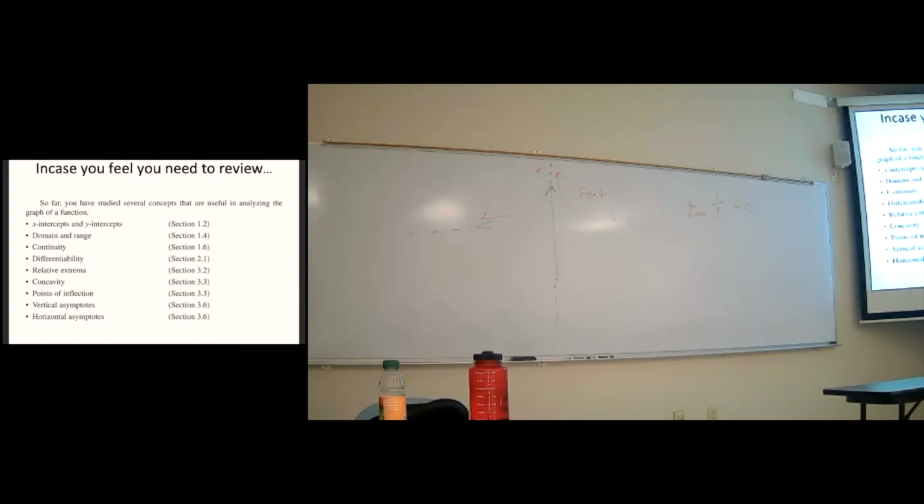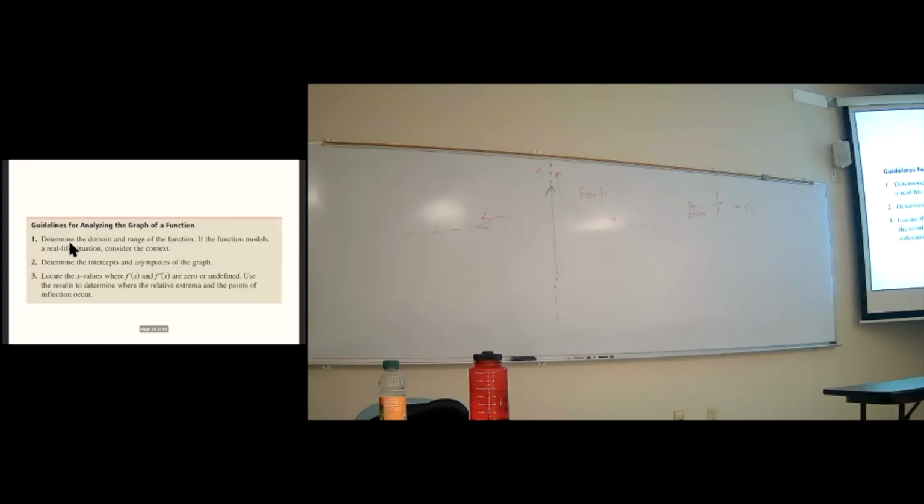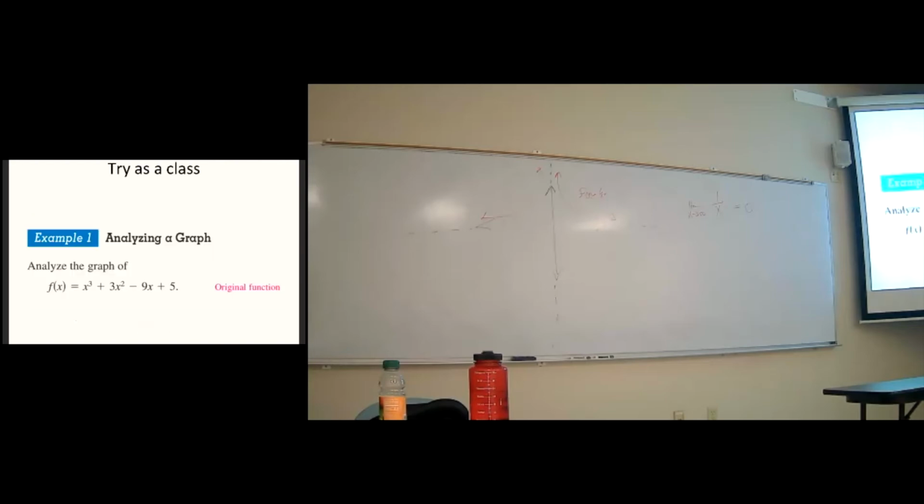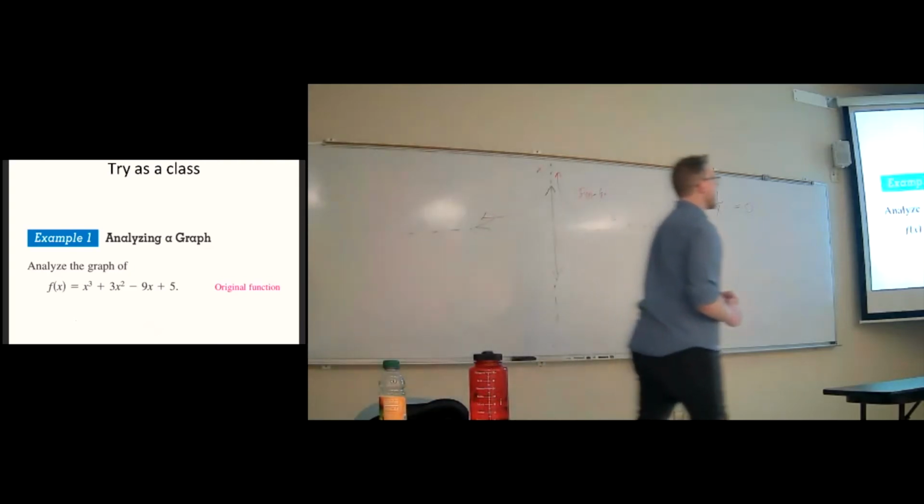If you feel like you need to brush up on these, because these are going to be important to some of what we're about to do. We are now going to find the graph of a function just by looking at the derivatives of it. Starting with this beautiful x cubed plus 3x squared minus 9x plus 5.